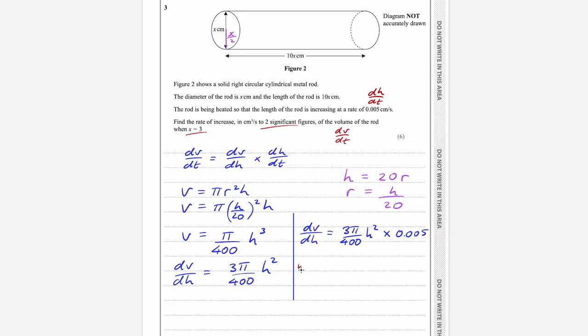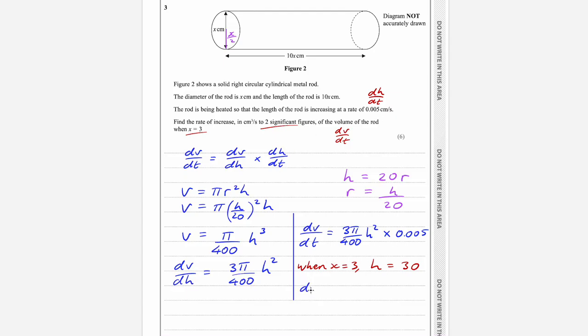So when x equals 3, h is equal to 10 times 3, which is 30. Sorry guys, this is a mistake. That was dV/dt, that is dV/dh. dV/dt is dV/dh times dh/dt, which is 0.005.